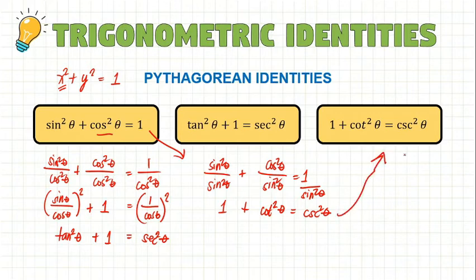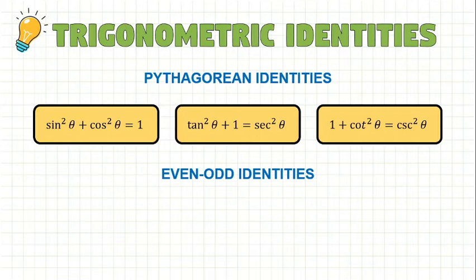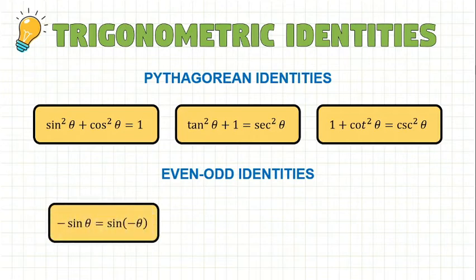Okay? So these are our three Pythagorean identities. And for the last identity, we have the even odd identities. The first one is for sine. We have negative sine theta is equal to sine negative theta.